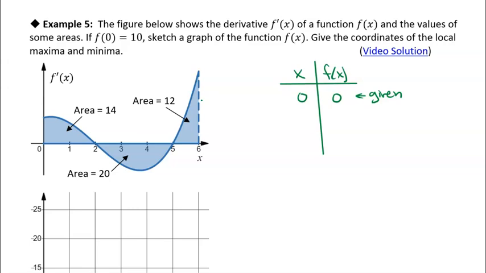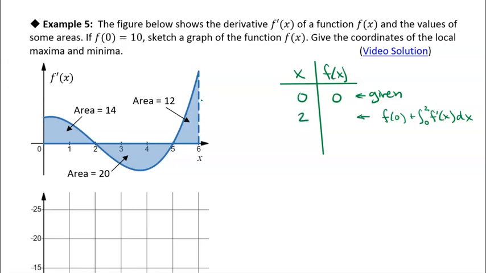So if I take f at 0 and add the integral from 0 to 2 of f prime of x dx, then what I'll get is f at 2.